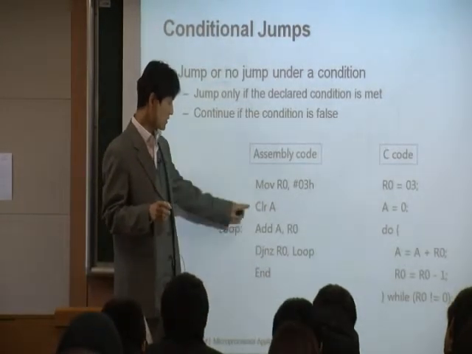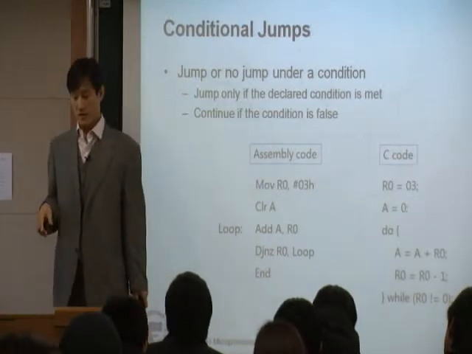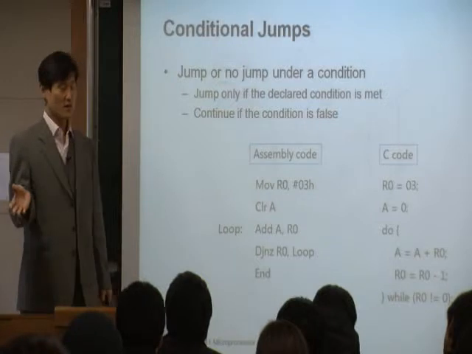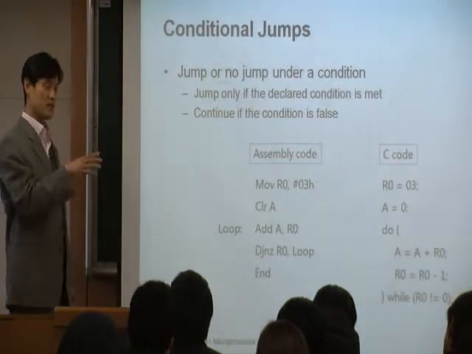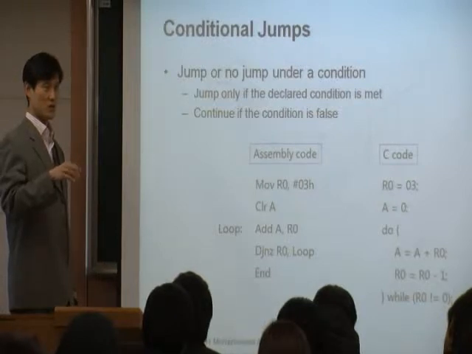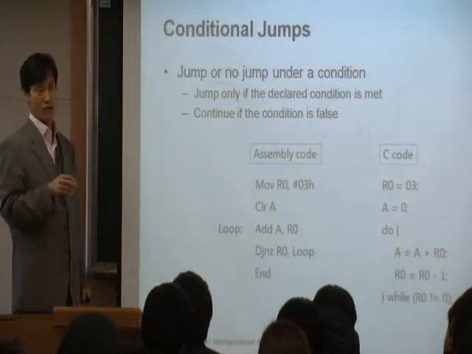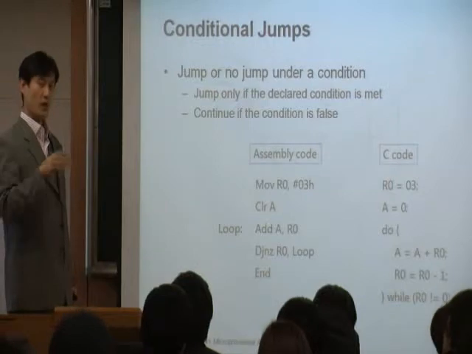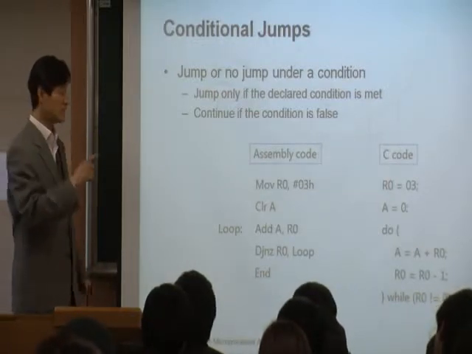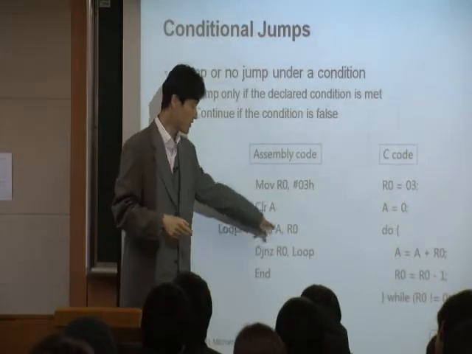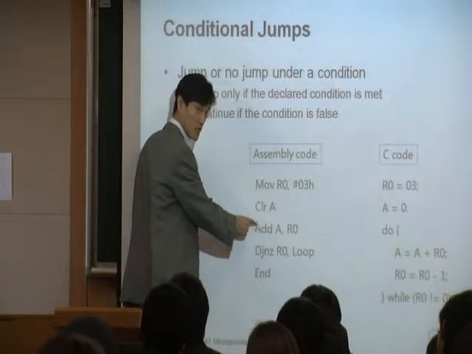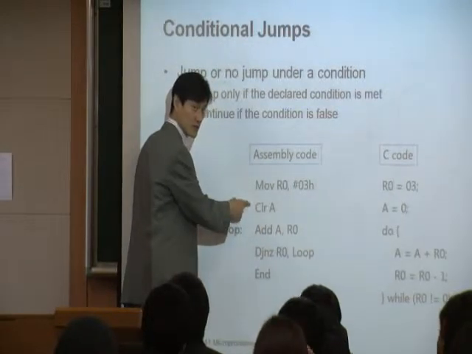speaking of clear, maybe in the midterm or maybe final exam later. Actually, last year, one of the questions was to ask you to write a code. Okay, assembly code. And whenever you write assembly code, you have to remember that if you need the value A somewhere in your code, then you need to make sure that you clear the value.